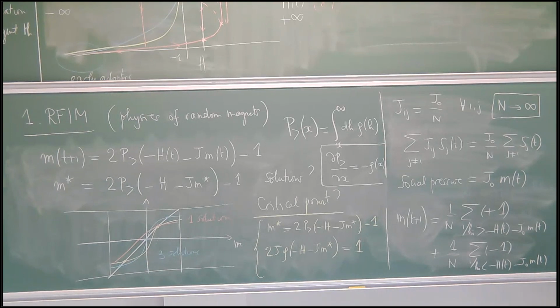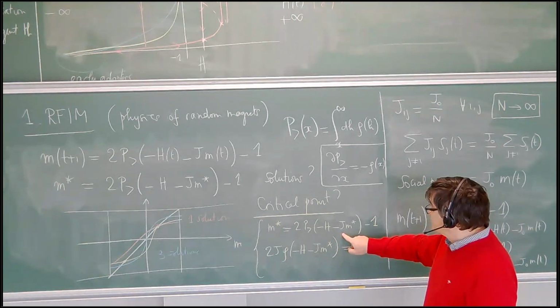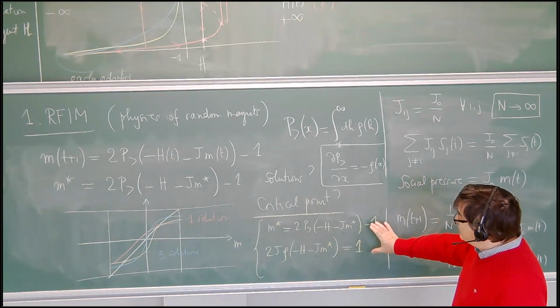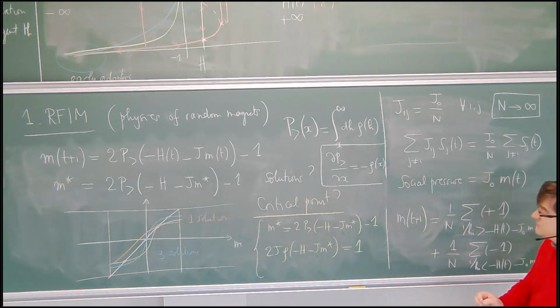So what does that mean? It means that if j is fixed, then these are two equations determining m star and h, and this will be the critical value of h, beyond which there are no longer 3 solutions but 1.